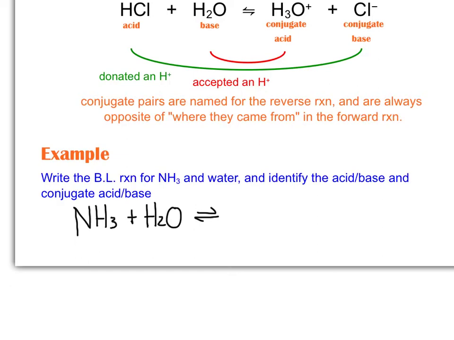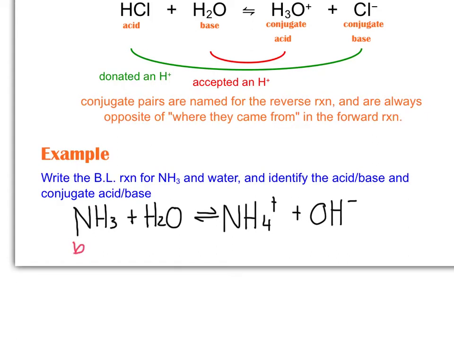It cannot give up one of the hydrogens there because of the really strong bonding between nitrogen and hydrogen. So water is going to act as the acid and give up one of its protons to ammonia, making the ammonium ion and OH minus.